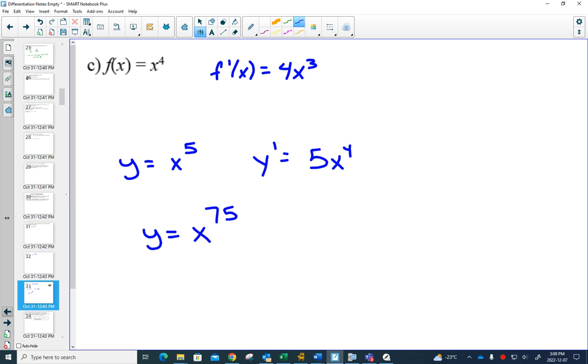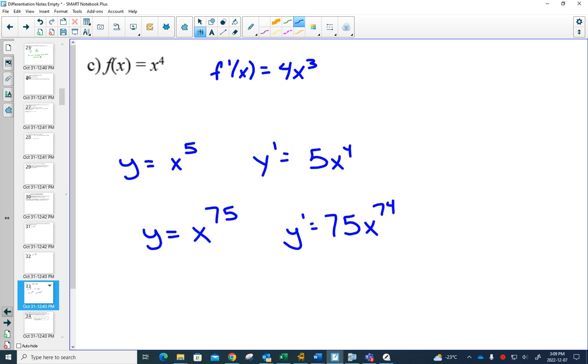Factor an h out of 73 of them. Cancel out your h's. Have everything go to 0, only to find out that the derivative would be 75x to the 74. And this is our first shortcut, which shaves off a lot of time. I think doing the x to 75 would take at least 15 to 20 minutes to write it out.